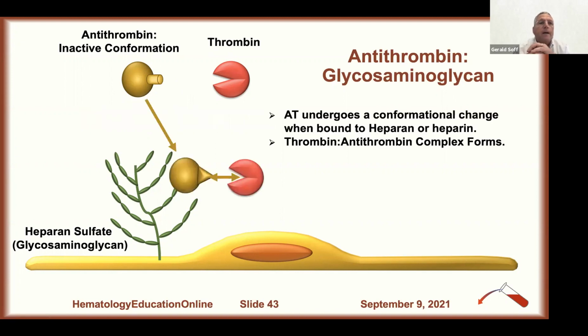However, or should I say, how does this work? If there's binding of antithrombin, also called antithrombin 3, to glycosaminoglycans, it undergoes a steric alteration and takes on the conformation allowing it to bind to other enzymes in the clotting cascade.